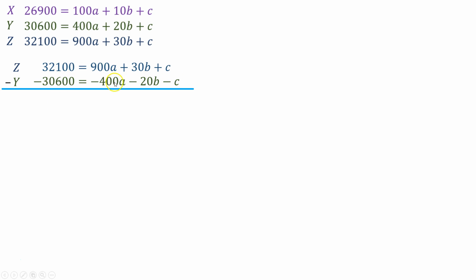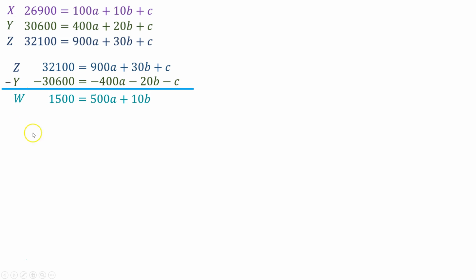So my new equation that I'm going to get will just have a and b, and I get 1500 equals 500a plus 10b, and I'll call this new equation w. And I only do that to help myself keep track of what I'm doing. Colors help too. So now we've got one equation that only has a and b. Let's pair z up with x now.